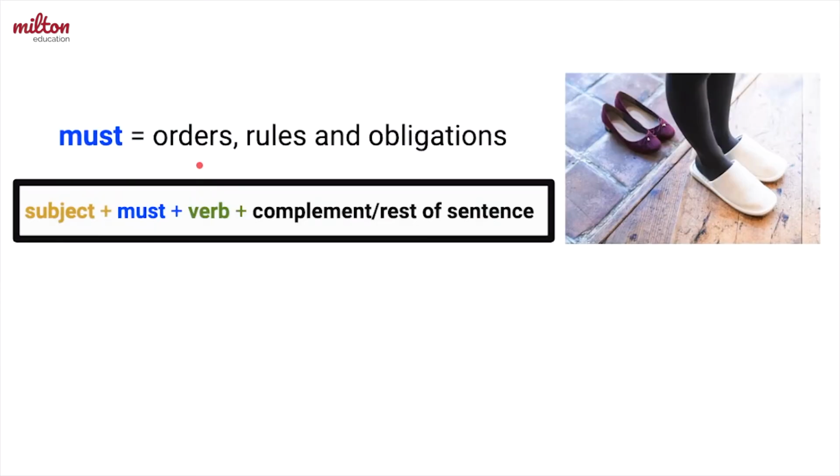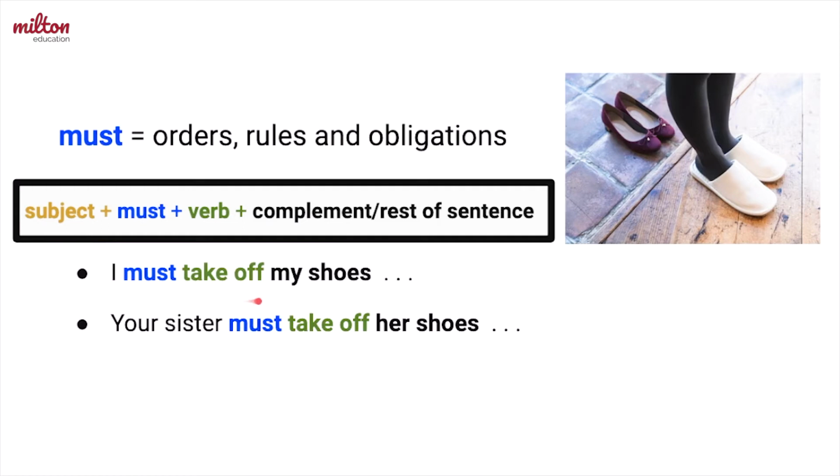Now let me tell you something super cool about sentences with must. I can change the subject of the sentence and make a sentence like, I must take off my shoes. Or, your sister must take off her shoes.